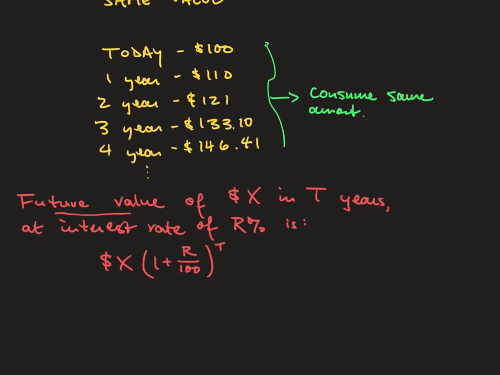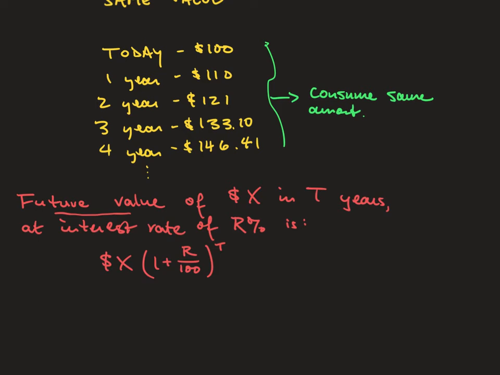Now, something I'd like to point out, going back to this, is how the money grows. In the first year, the money increases by $10, right? If you stick your money into savings today and watch it grow, in the first year, it grows by $10. In the second year, it grows by $11, from 110 to 121.